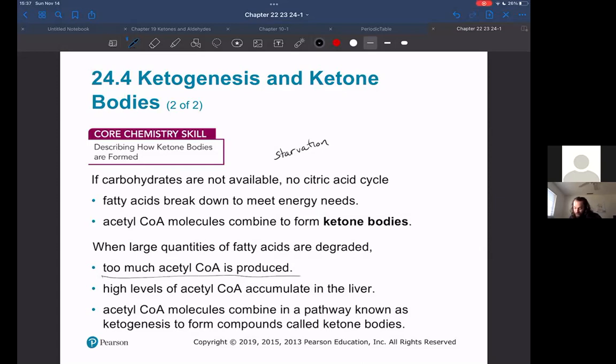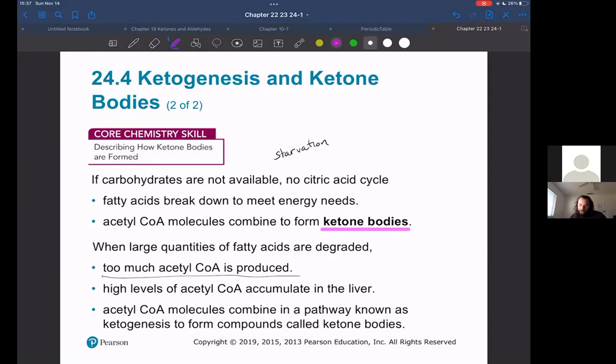And so what ends up happening is your body enters into ketogenesis, where those acetyl-CoA molecules are combined to form ketone bodies. This is not an ideal form of metabolism. You don't get as much energy from each acetyl-CoA. It can build up some nasty byproducts. Generally speaking, it's not great. It's your body's backup mechanism when it starts entering a period of starvation, okay?